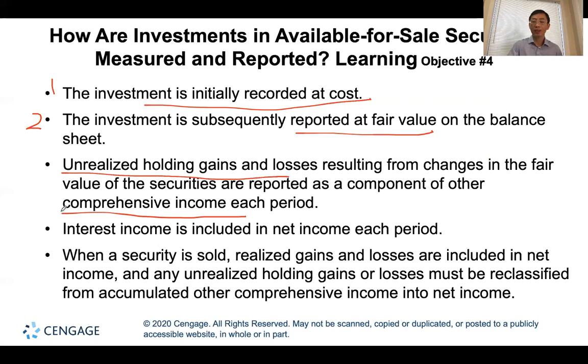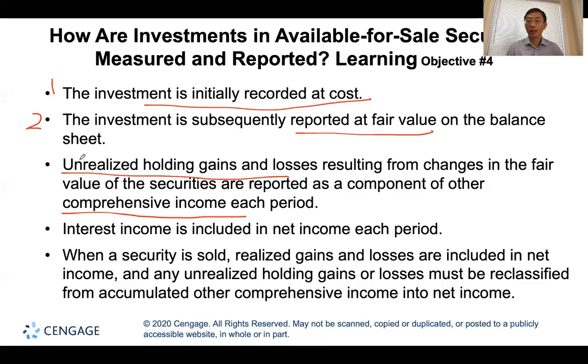Comprehensive income is the value increase directly added to the owner's equity. It avoids going through the income statement. Why? Because this kind of unrealized holding gains and losses has some uncertainties.